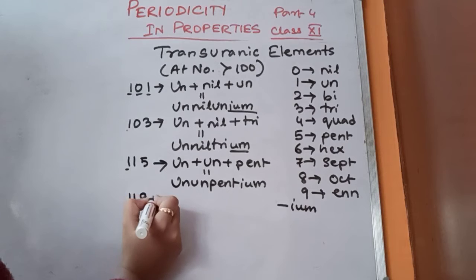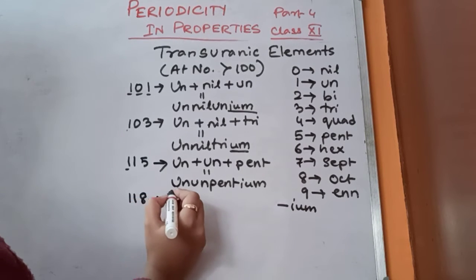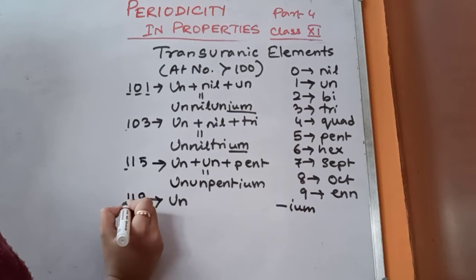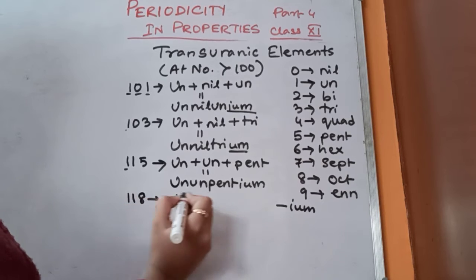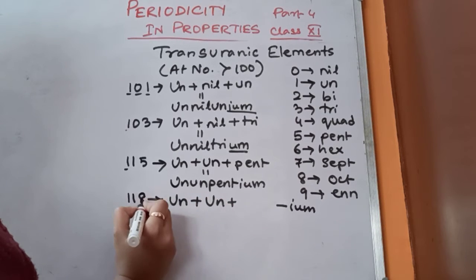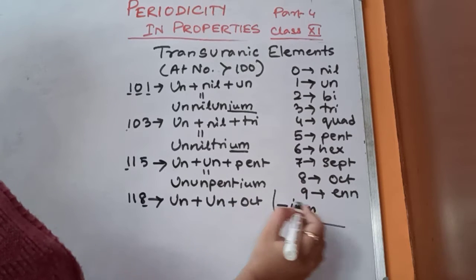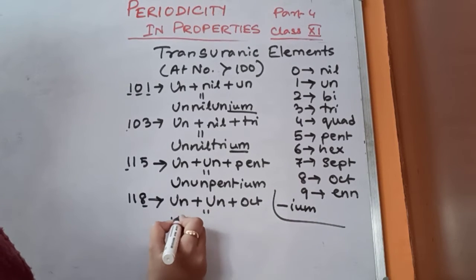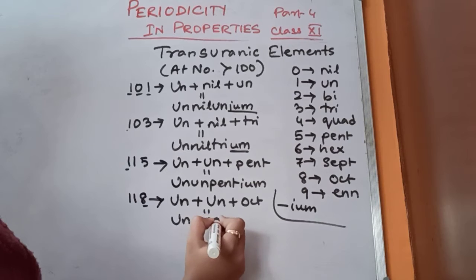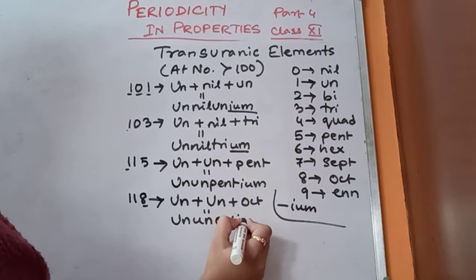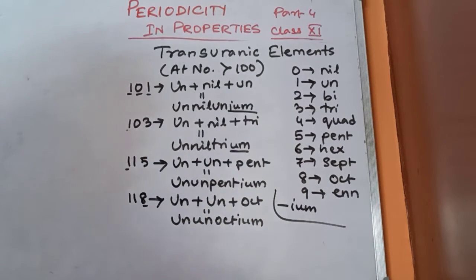For 118, for 1 it is un, for the other one it is un, for 8 it is oct, so it will give you ununoctium. Okay, so this is how these are named.